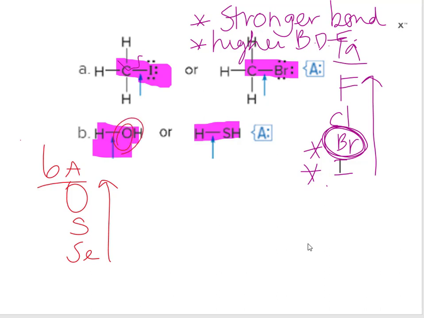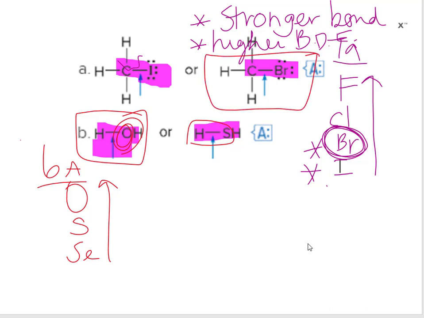So oxygen bonded to hydrogen is much stronger than sulfur bonded to hydrogen. So here has a stronger bond. It is more electronegative. It has a higher bond dissociation energy. Same reason why carbon to bromine was the correct answer. Stronger bond. So we're going to say the same thing for right here. Higher bond dissociation energy. And both of these are more electronegative.